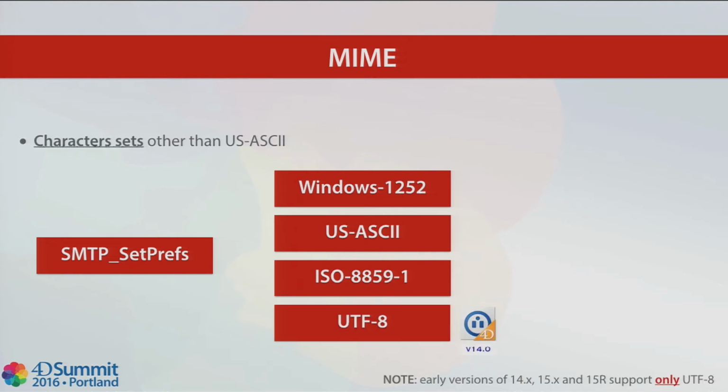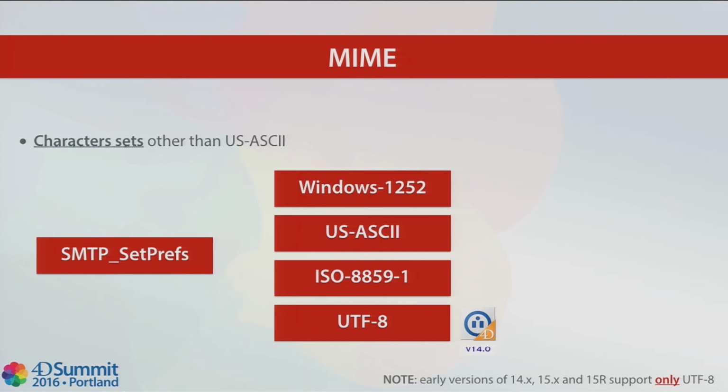4D supports Unicode since version 11, but the thing is, the plugin was late to come to the game. UTF-8 or Unicode support was only fully implemented in version 14, and not even in the first dot releases of version 14.